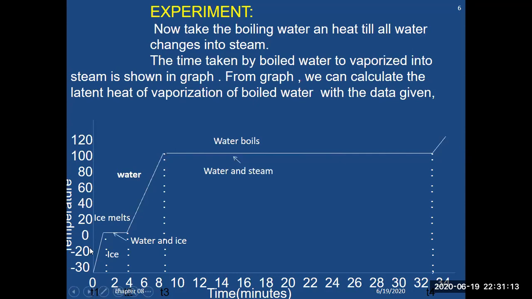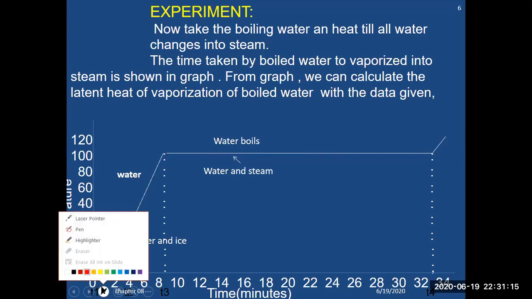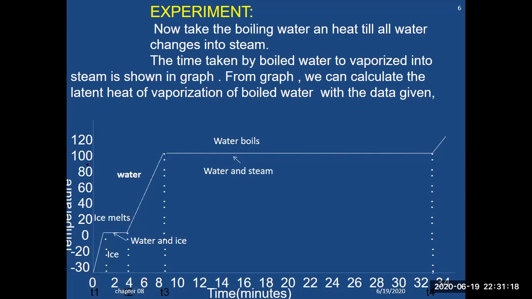So let's mark it here. This is the point where the temperature of the water is at 0 degrees Celsius and 100 degrees Celsius. And here is the point where the solid ice melts into water at 0 degrees Celsius. It remains constant for a few minutes.